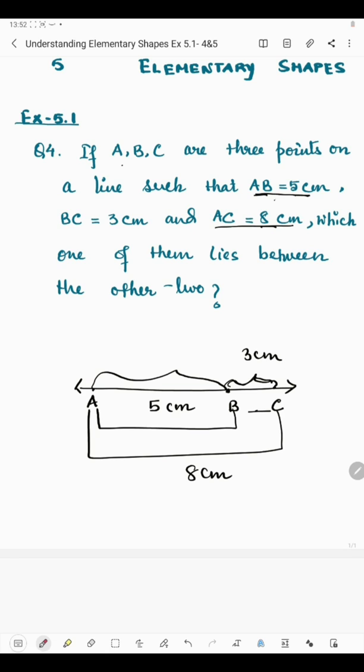So here we can observe that point B is in between A and C. The question was which one of them lies between the other two? B lies in between the other two.